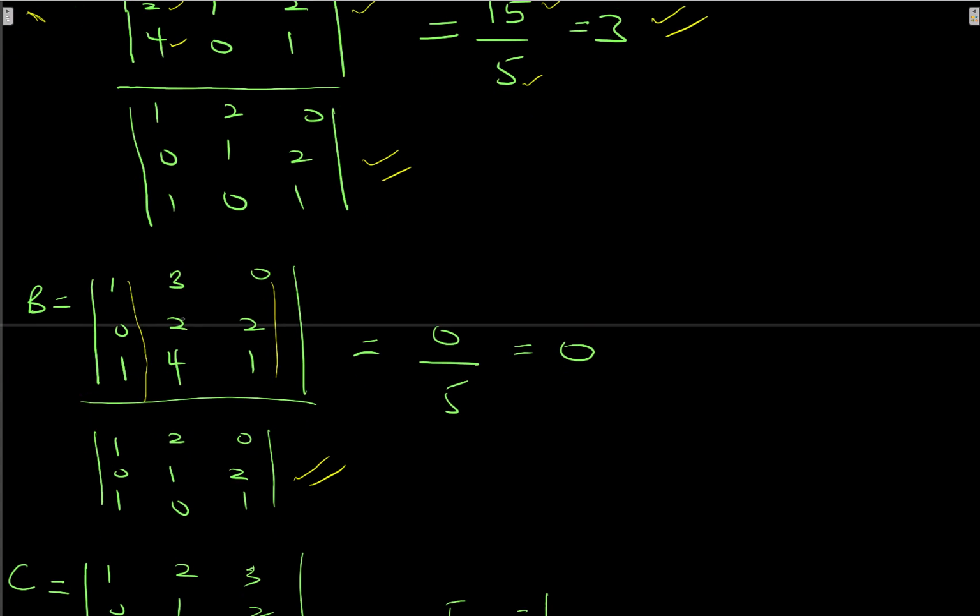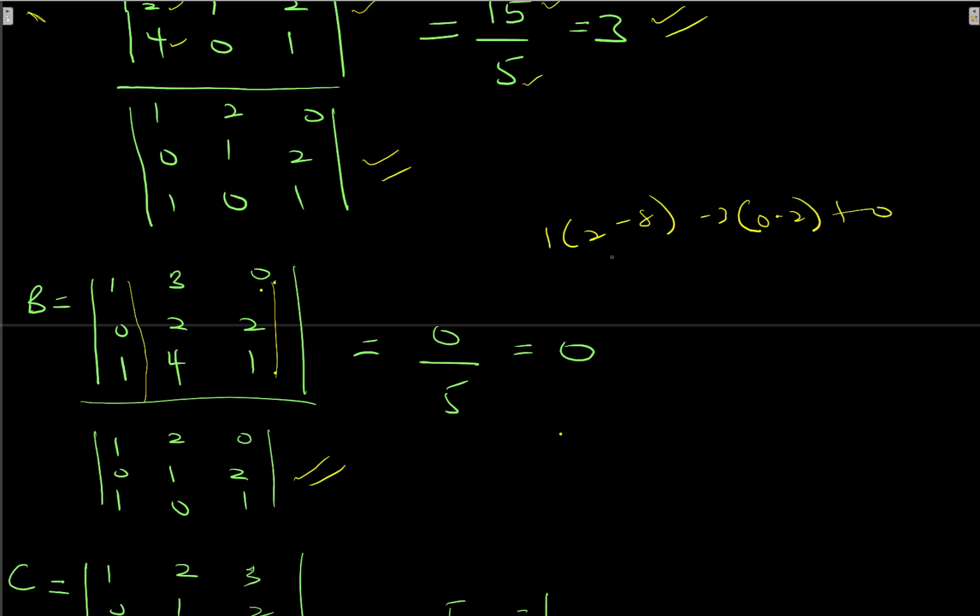That's the determinant of the coefficient matrix. But for this matrix, when you find the determinant, you get 1 times, so you delete this row and this column, 2 times 1 is 2, minus 8, minus 3. We delete this row and this column, 1 times 0, which is 0, minus 2, plus 0.